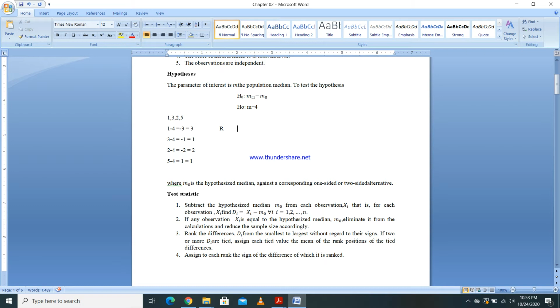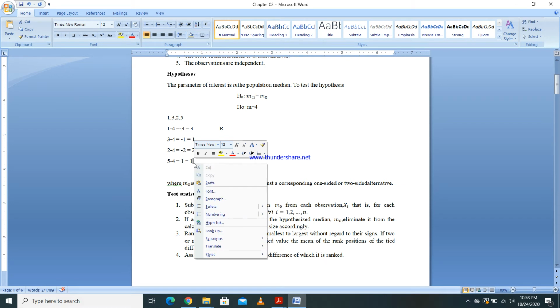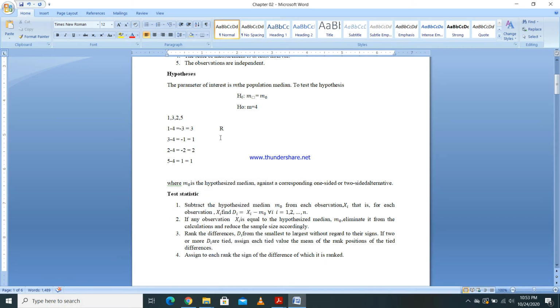So in this case, what will happen? Now you can see the minimum number is plus 1. That is the minimum difference value when you take the absolute value of the differences. So in that case, what you have to do is, here first you can give 1 to this one, and then there's another one, so I'm going to give 2. So since these two are tied observations, you have a tied difference here.